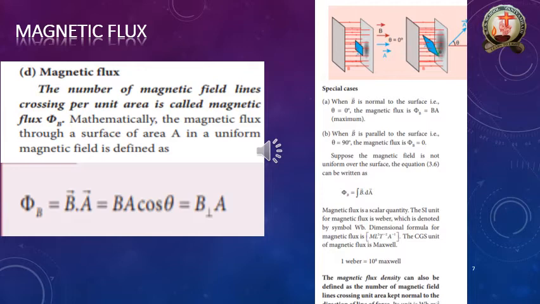Okay, now we should see the special cases. Before we see the special cases, first of all look at the diagram in the figure. What is there in the figure?